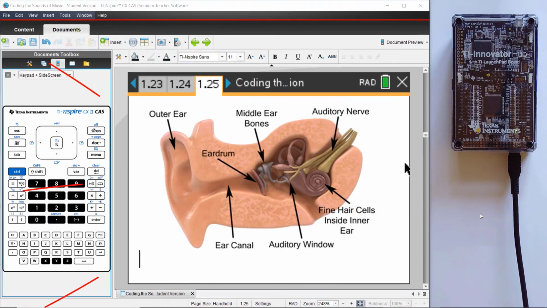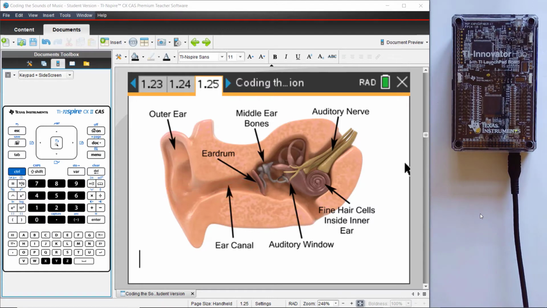When sound is directed toward the ear, the outer ear acts as a catcher's mitt to focus all of that sound energy into the ear canal. The ear canal then focuses the energy onto the eardrum.